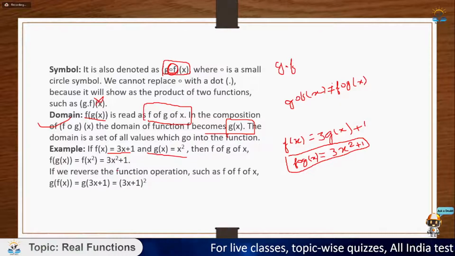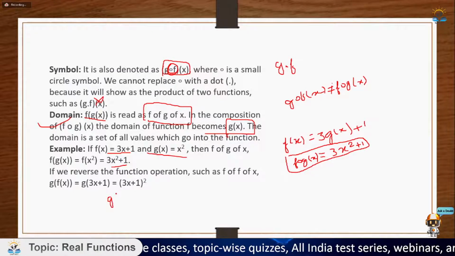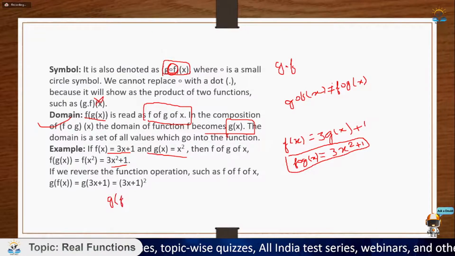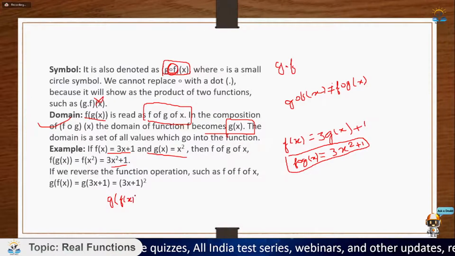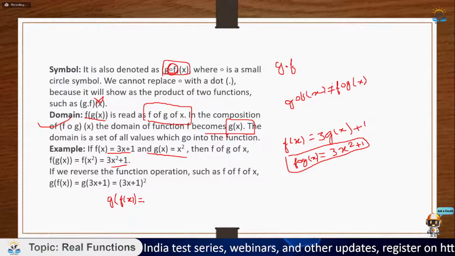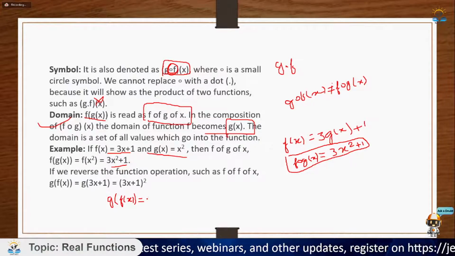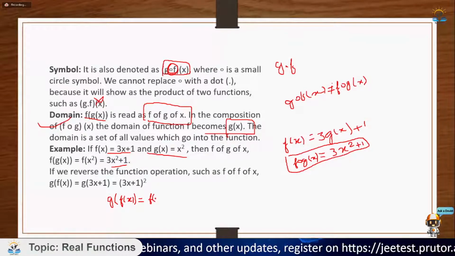Okay, so if I do FOGX, then I will get this function. If I do GOFX, then what I will get? G of fx is equal to, firstly I will write down gx. Gx is x square, so replacing x with fx, I will get f of x square.